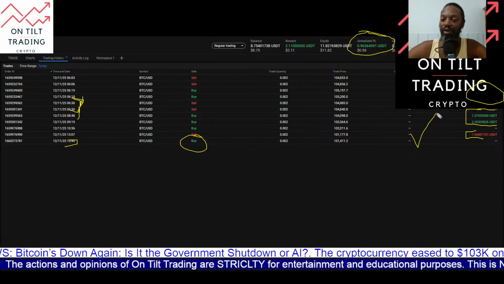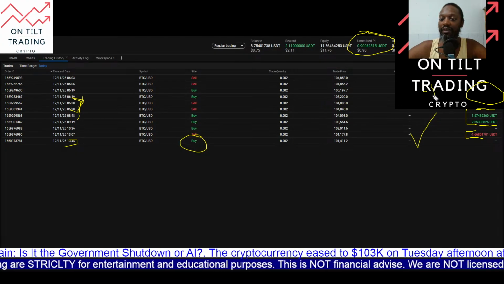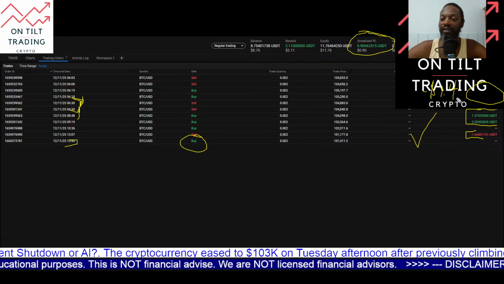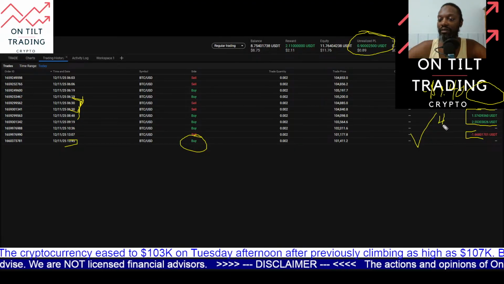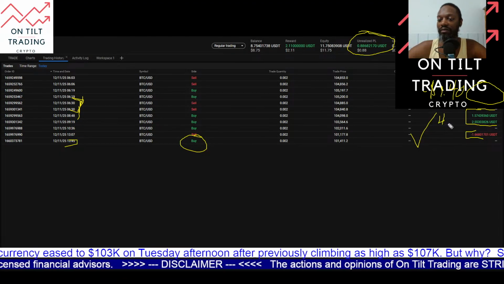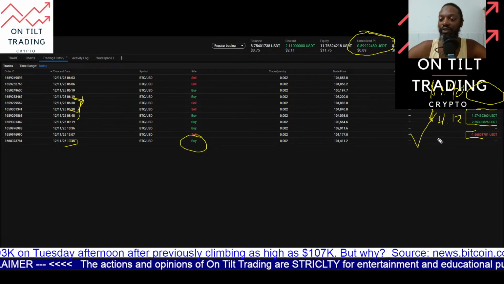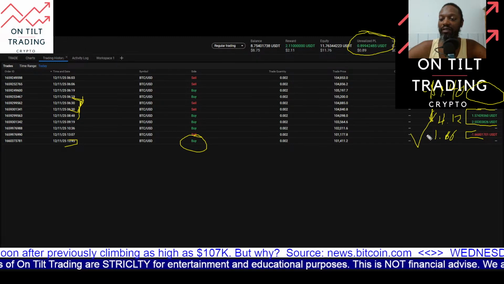So far profitable on the day. This is about minus $1.40 here. This is $4 and like 12 cents here. Very small sizes here, and then 166 here.